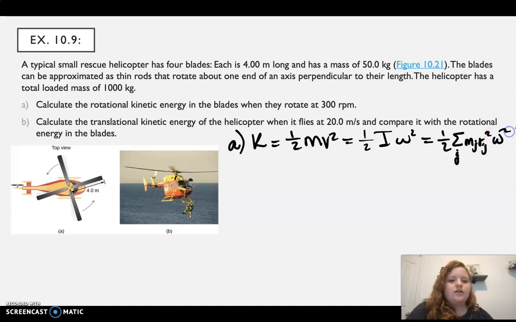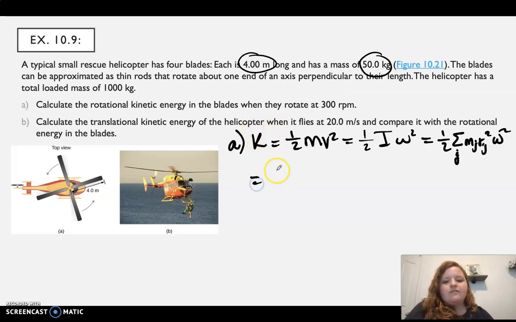I just want to note that. Each mass M sub j is 50 kilograms. Each R sub j is 4 meters. And there's 4 of them, so we can really just multiply whatever this result is by 4, because it'll just be adding the same thing 4 times.